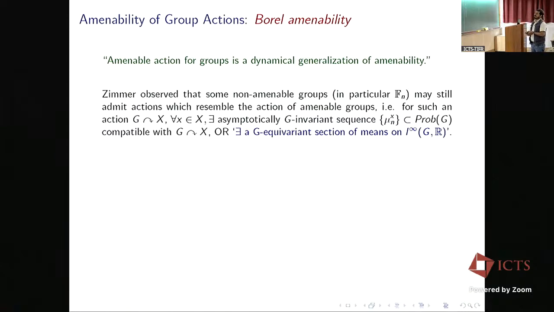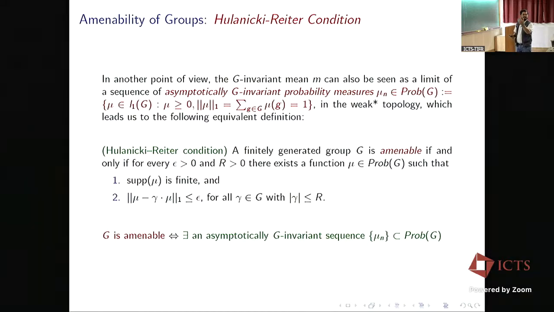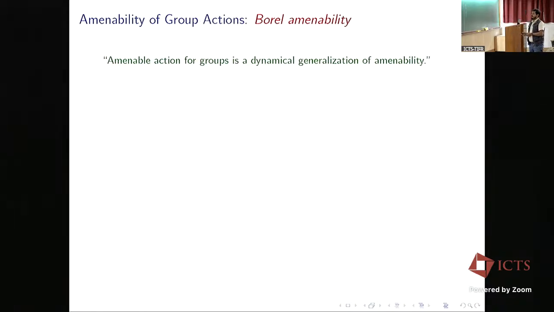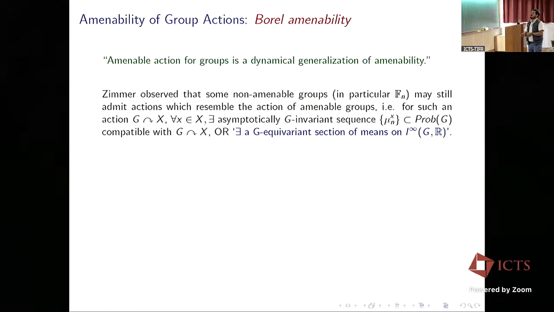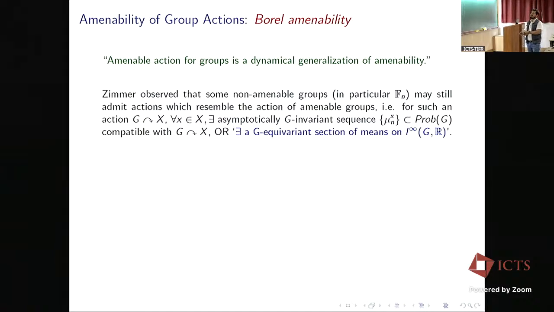So here, in case of amenability, we observe that we get a sequence of probability measures, and we can think of the limit giving us a mean. Now, you can consider the action of a group G on X, which will have some asymptotically G invariant sequence of probability measures, which is compatible with the group action.